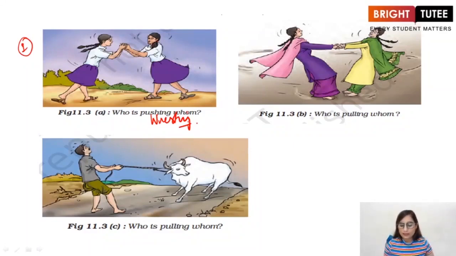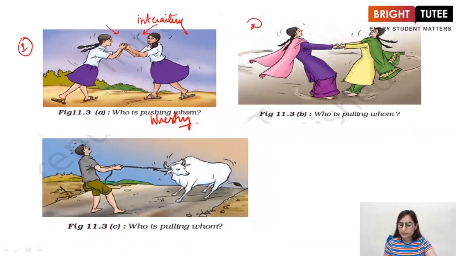So in this case, they both are basically pushing or pulling each other. What is happening? They are interacting. They are in contact. If these girls are not in contact, they will not be able to push the other person, right? So interaction is necessary.